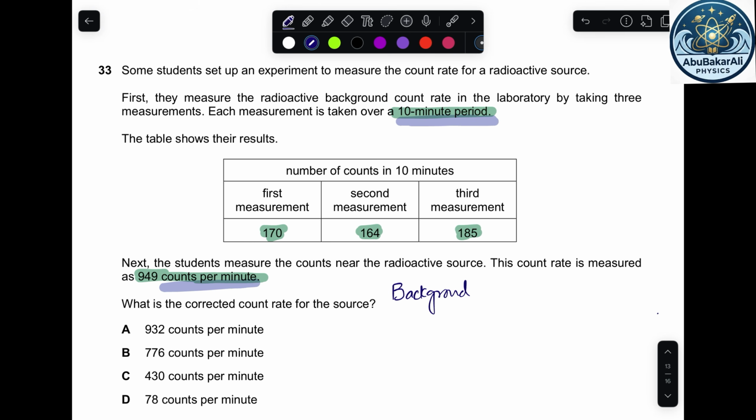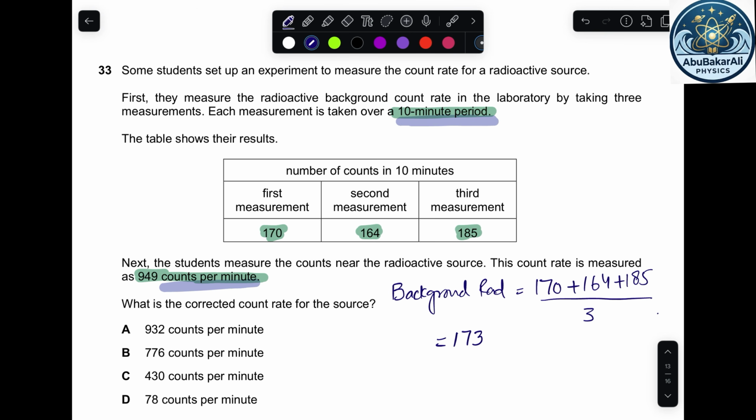For background radiation, you have three different readings, so you can take the average: 170 plus 164 plus 185 divided by 3. This will give me 173.